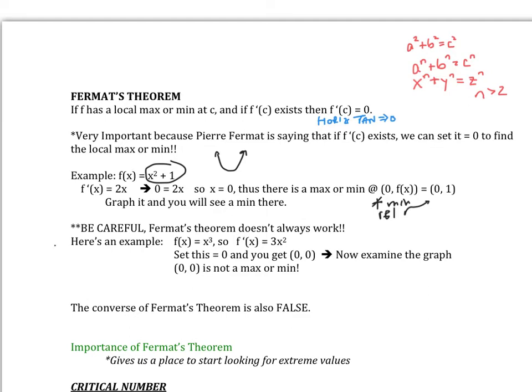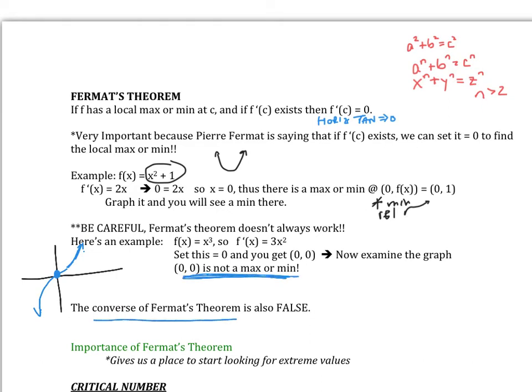Let's take a look at this graph. If I graph x to the third, you all know this graph looks like this. At 0, 0, right here, that is not a maximum nor a minimum. It's neither. So, wait a minute, it doesn't always work.